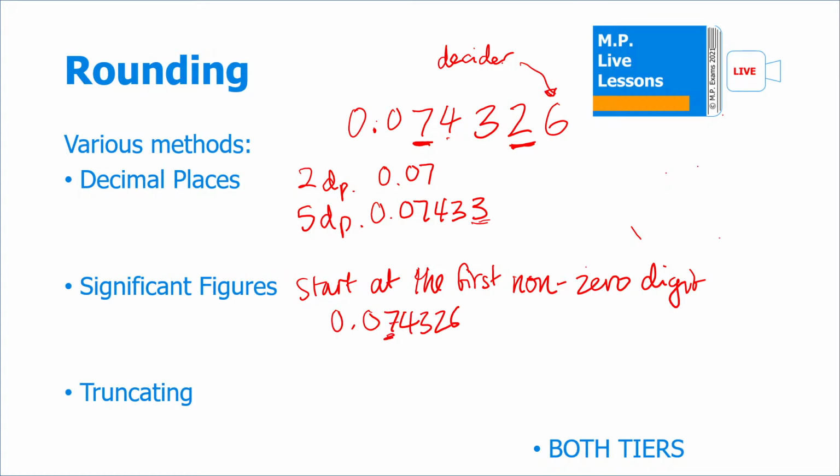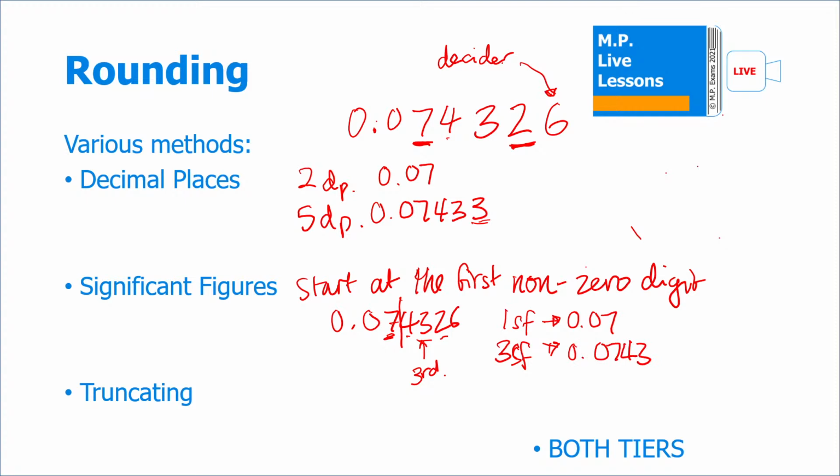If I wanted to approximate, I would round that to one significant figure. Basically, I would cut off after that and use that 4, the digit after, as a decider. So this would also become 0.07. If I want to do 3 significant figures, which is also common, your third significant digit would be here, and use a 2 as a decider, so you get 0.0743.